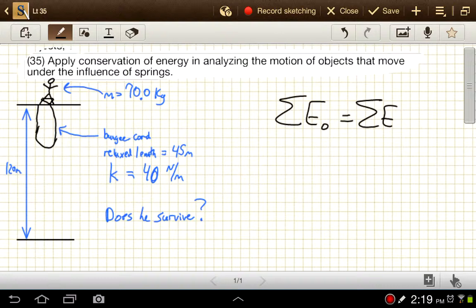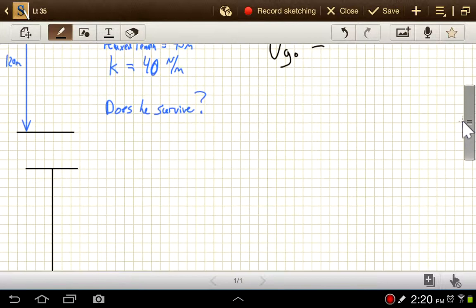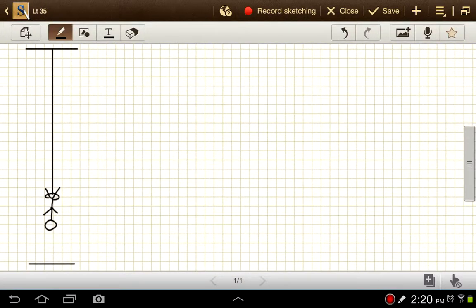So what energy types do we have at the beginning and at the end? Well, initially, this person's up really high, so we've definitely got some gravitational potential energy at the beginning. And not moving, and the bungee cord isn't stretched out, so no kinetic energy, no elastic potential energy, so just that gravitational potential at the beginning. And at the end of our problem, he's come to a stop at this point, so no kinetic energy here.